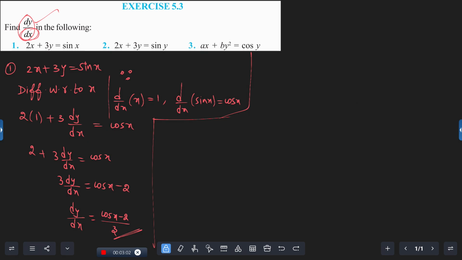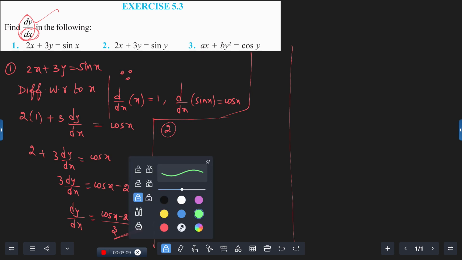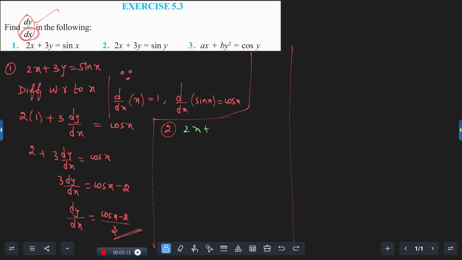In the same manner, let's go for the second one also. What is given? The second one is 2x plus 3y equals sin y. And this also I am going to differentiate with respect to x on both sides. So 2 into the derivative of x, which is 1, plus 3 into the derivative of y, which is dy by dx.